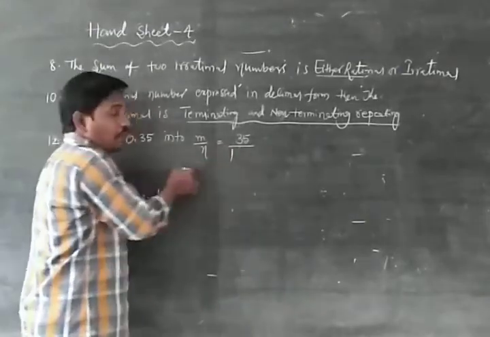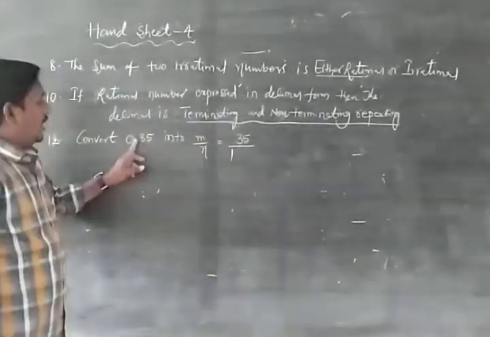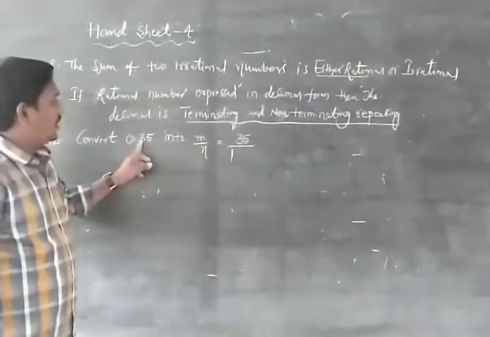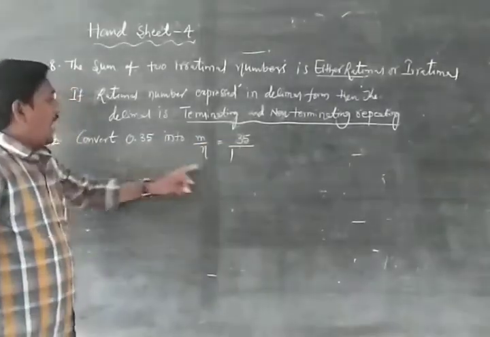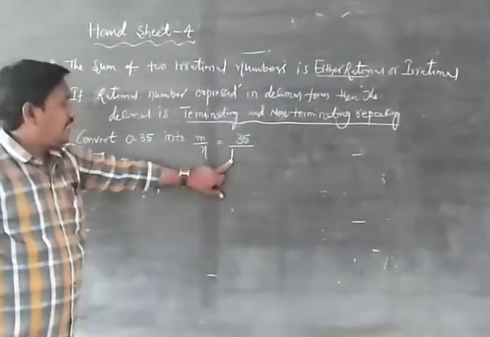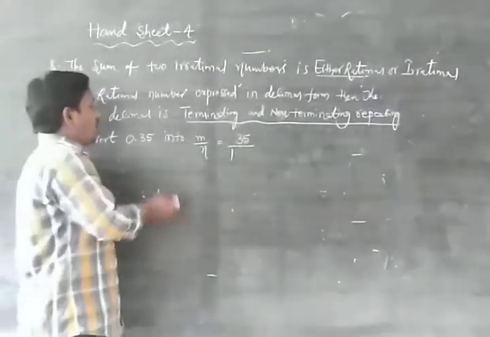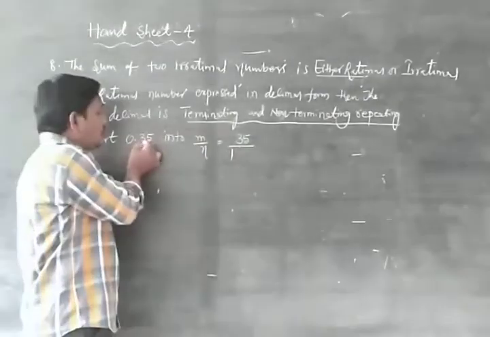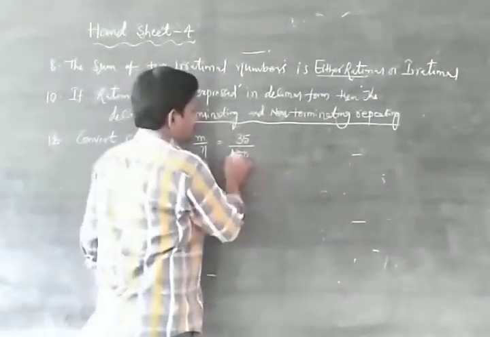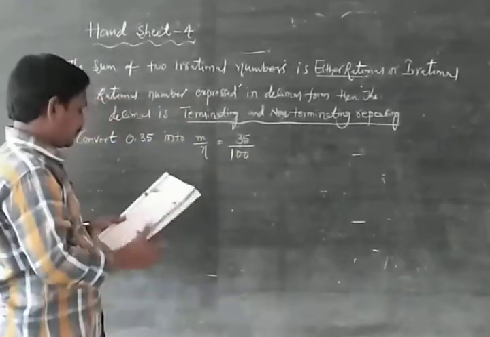Write 1 instead of the point. Ignore the point and write the number 35, that means 35. Write 1 in the denominator instead of the point and write zeros after it, as many places as there are. 2 places are there. Write 2.